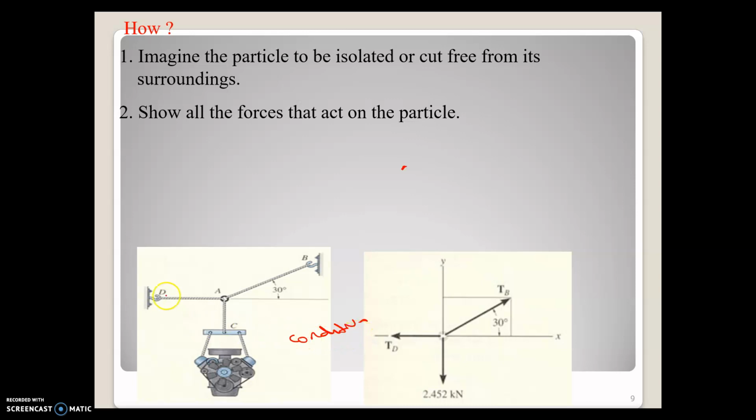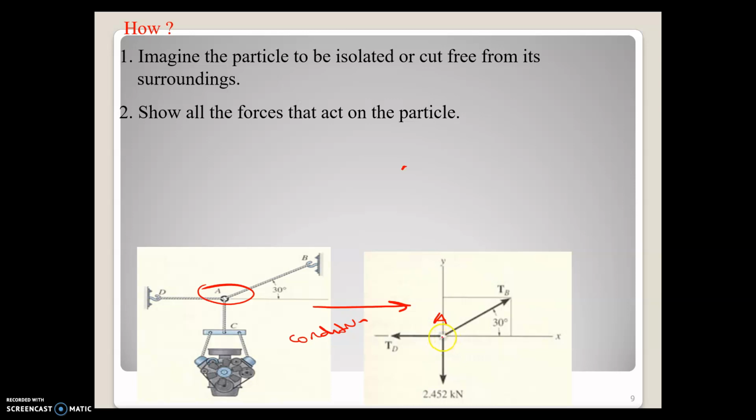Then show all the forces that act on your particle. This one is your particle A. You imagine it is cut free from its surrounding. So you will draw the x, y axis first.